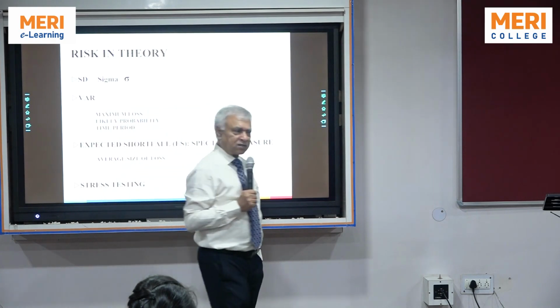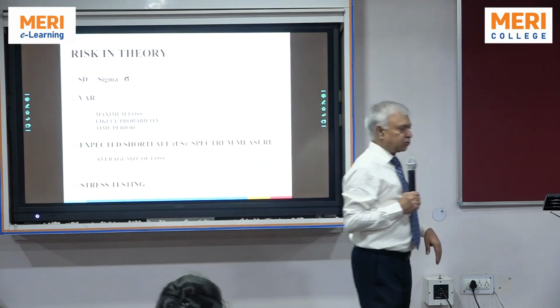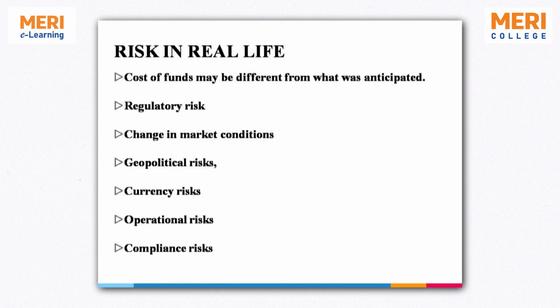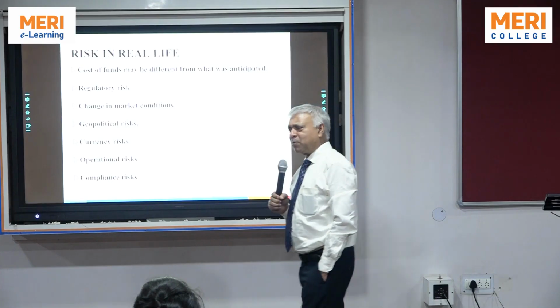So in terms of understanding risk, the theory tells you this. And of course, there are different models wherein in the world of betas, you try and specify which beta, beta 1 or beta 2, factor betas. Real life is basically different from theory. If you're looking at cost of funds, there are a number of examples.